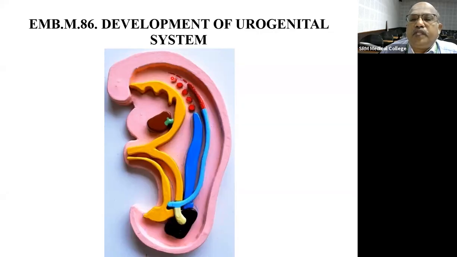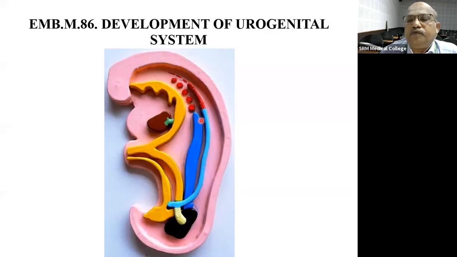Now the pronephros is functional for some time only. That's why you will have formation of a duct. That duct is called the pronephric duct. The same pronephric duct is continuous as the mesonephric duct. Pronephros is vestigial in humans, but mesonephros will be functional for some time.